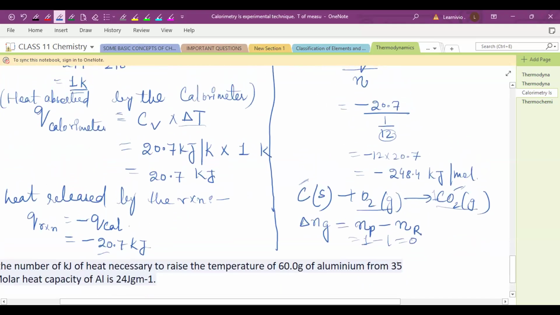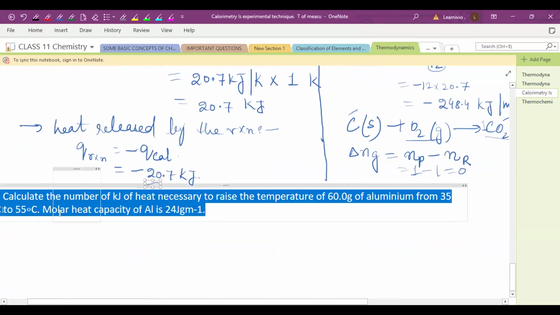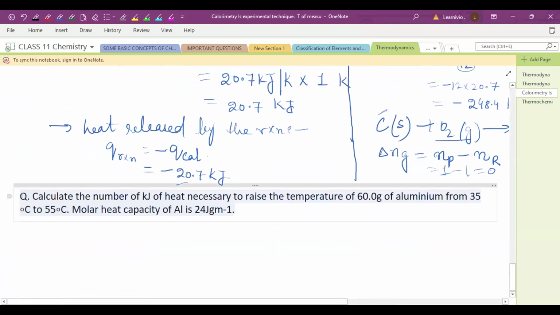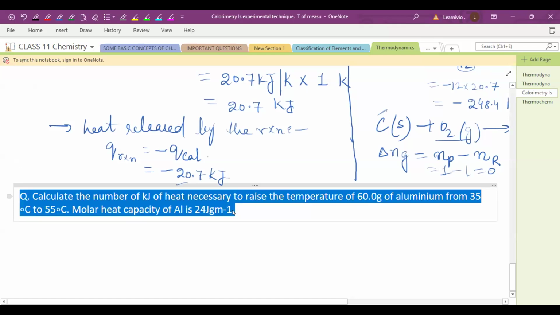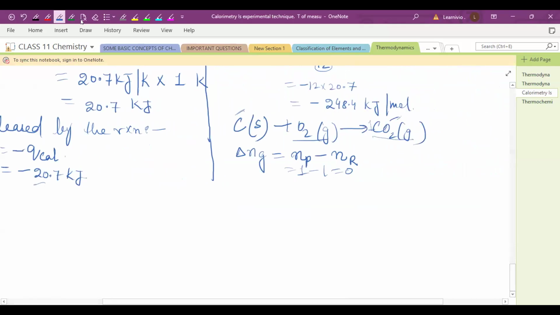The change is 0, right? Okay, so here the change is 0.